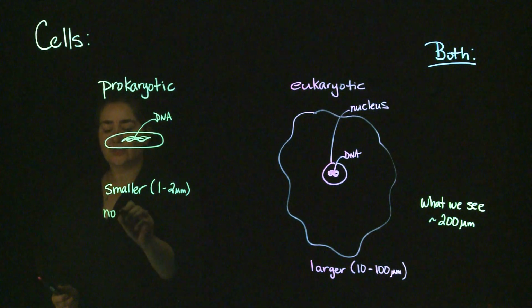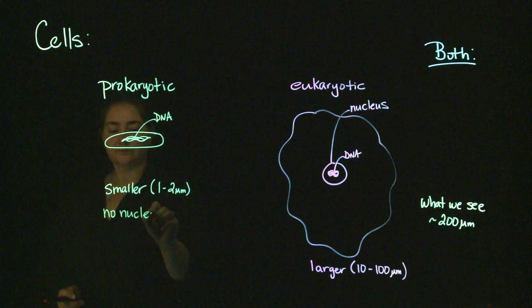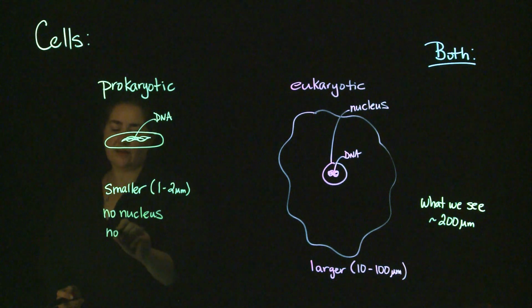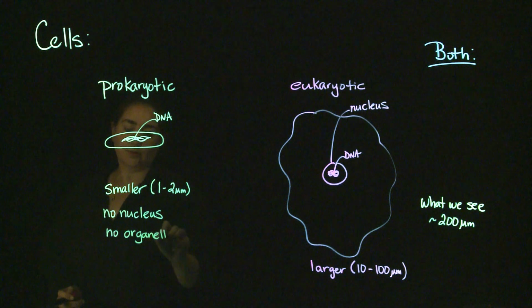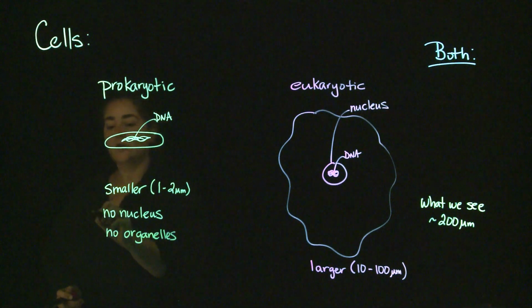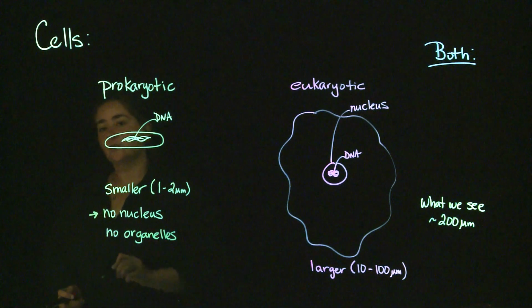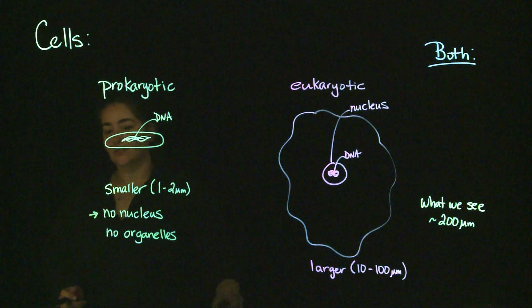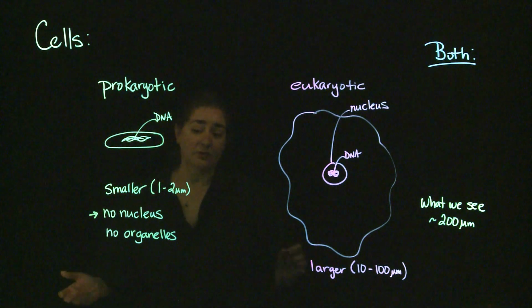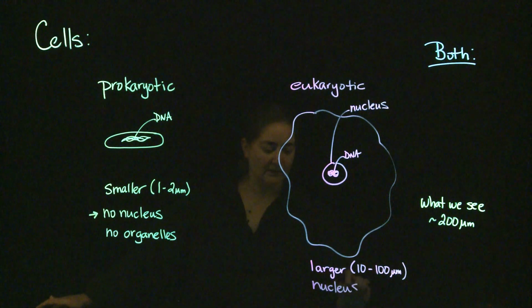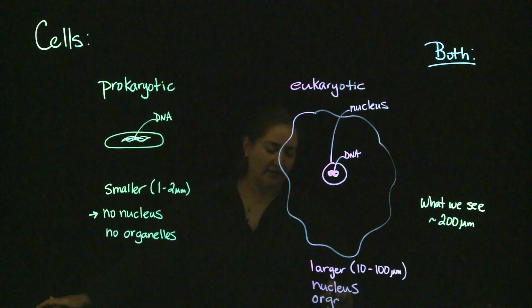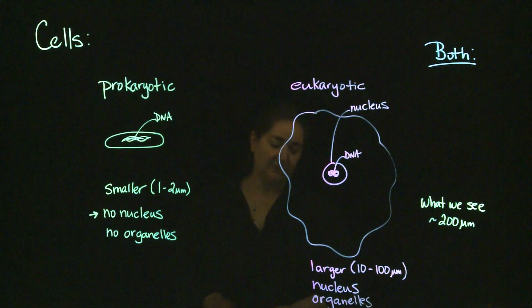So there's no nucleus, and in fact, there are no organelles at all in a prokaryotic cell, okay? But really what the defining feature between the prokaryotic and the eukaryotic cell is going to be is the nucleus. So our eukaryotic cells will have organelles, will have a nucleus, okay?